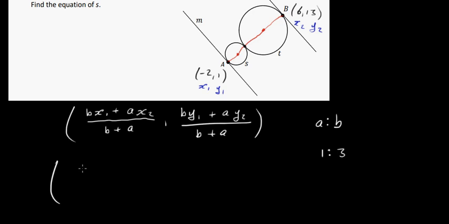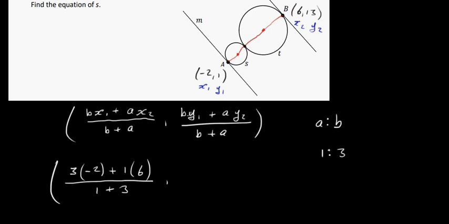Well, our B is 3, so you got to write 3 down here, times our x1, which is -2. We've got our A here, so our A is 1, and we've got to multiply that by x2, which is 6. We've got to add the two ratios then, so that's just going to be 1 plus 3. So that'll give me my x coordinate of this point here.